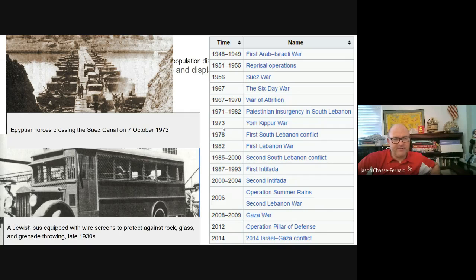So after 73, you're not really dealing with a lot of foreign invasion into attacking Israel, and then really by the mid 80s, you're not really dealing with any Israeli aggression outside of its country or other countries coming in.